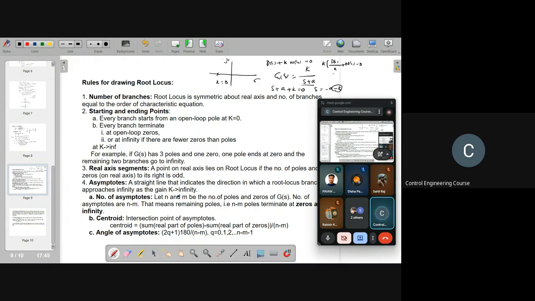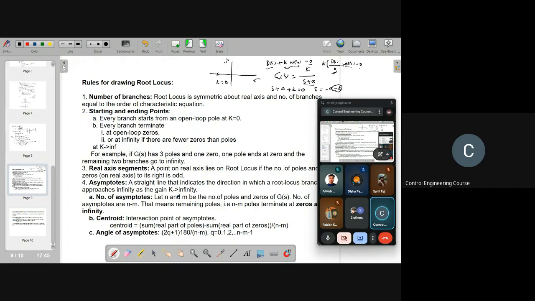If k tends to infinity, then n of s will be equal to 0. That means the poles end at the zeros, and this n of s is the zeros of the open loop transfer function. Likewise, if k tends to 0, then this term will be 0, that means d of s equal to 0. That means the roots start at the poles of the open loop transfer function when k equal to 0.